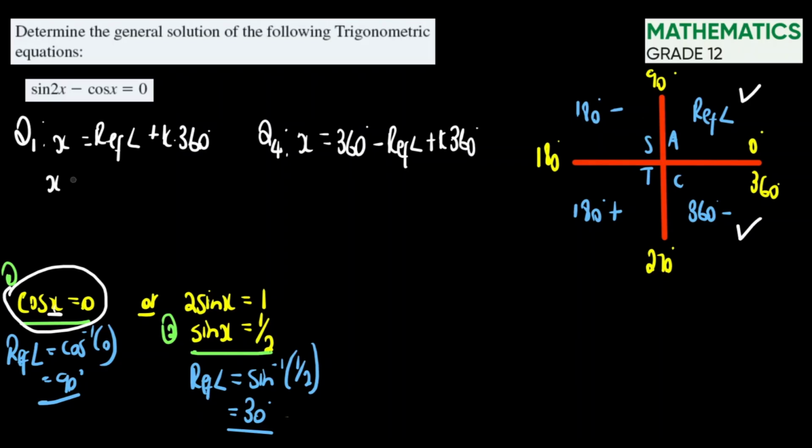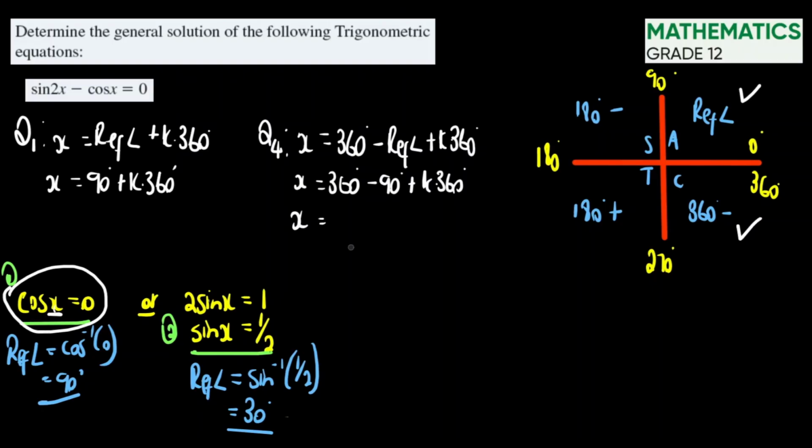So we can go ahead and substitute. The reference angle here is 0. No, it's not 0, it's 90 degrees. So x equals 90 plus k times 360. That will be our first solution. For quadrant 4, we have 360 minus 90 plus k times 360.